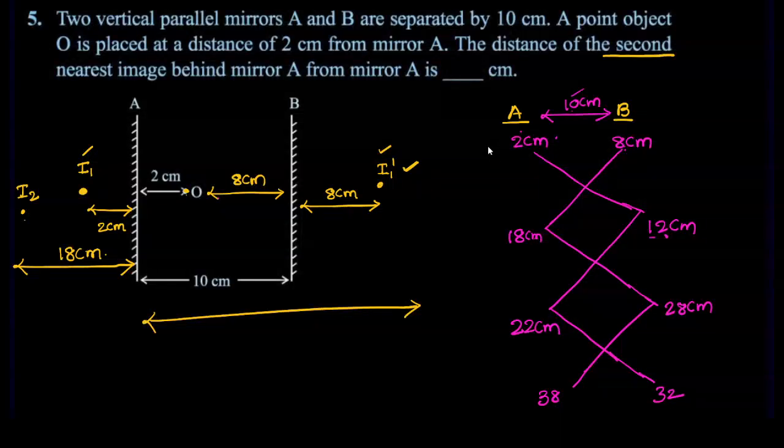All these are the images formed by A. These are the images formed by B. Like this we will do it. Done? Yes. Any other doubts? Sir, question 6.